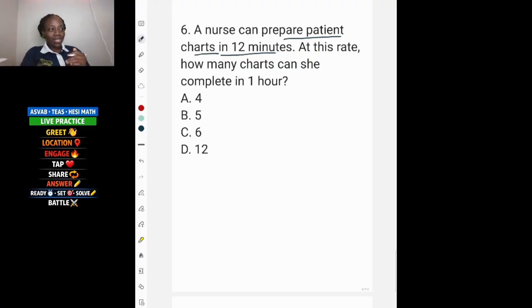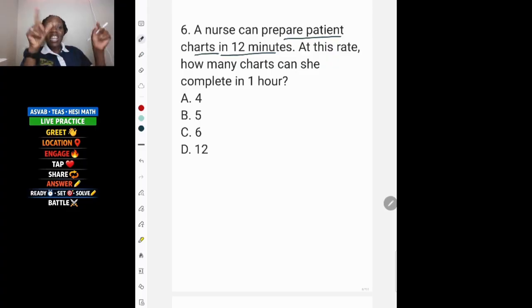This nurse can prepare... But look at it. They didn't say patients, they said a nurse can prepare a patient chart.